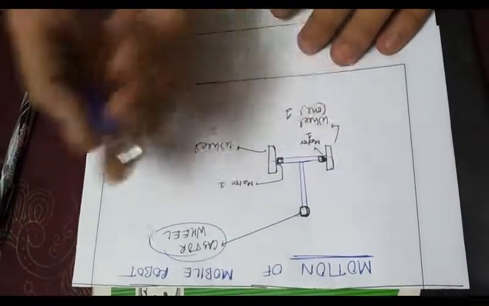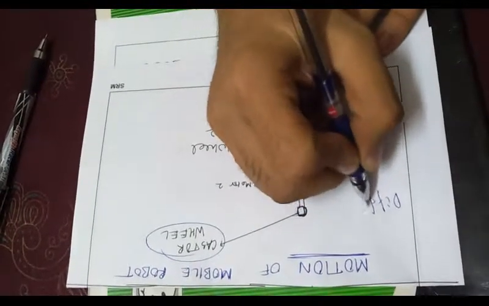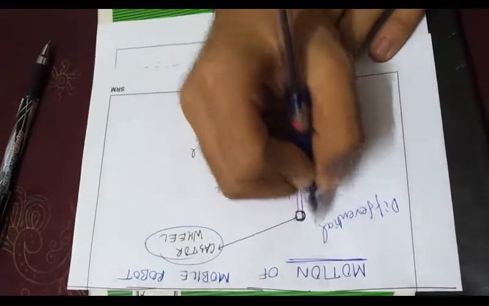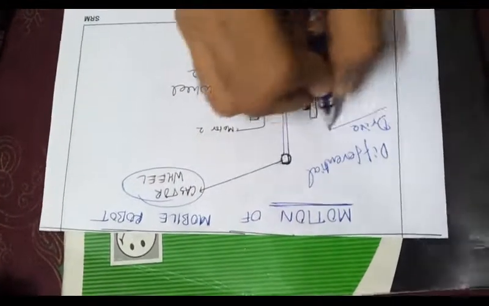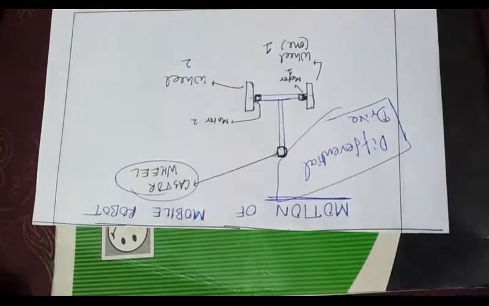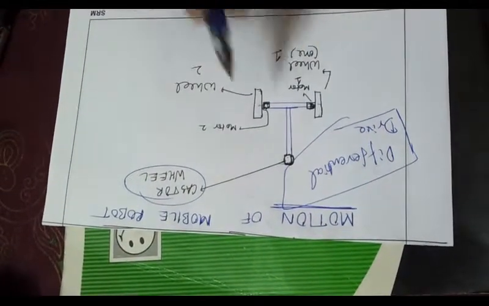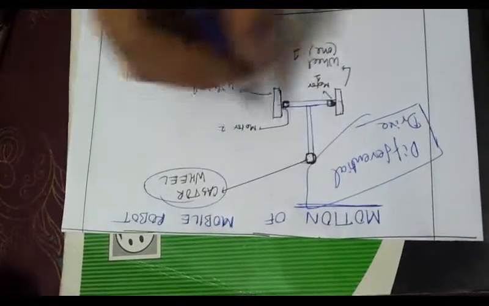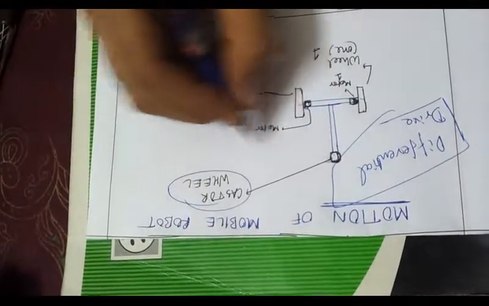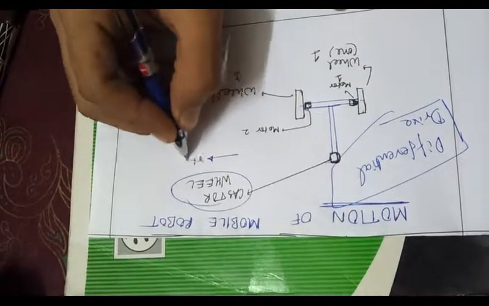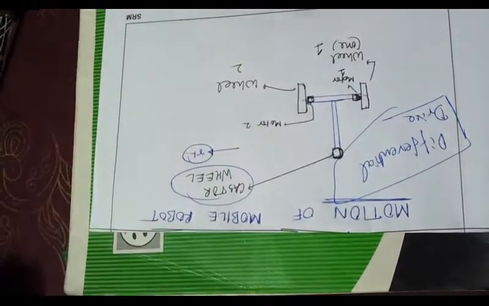So now, going into this with a differential drive. What is basically a differential drive which we implemented over here? It is such that if the robot wants to go in the right direction, what is the robot supposed to do?